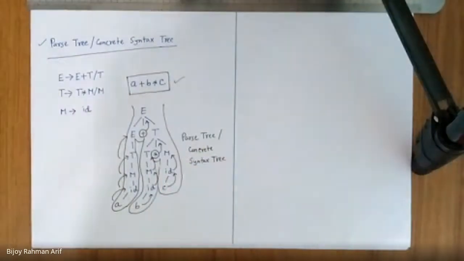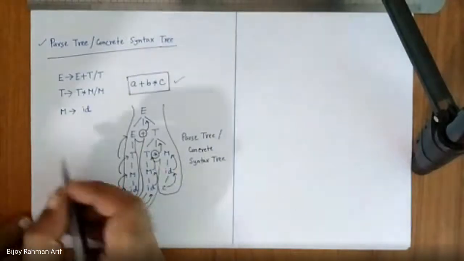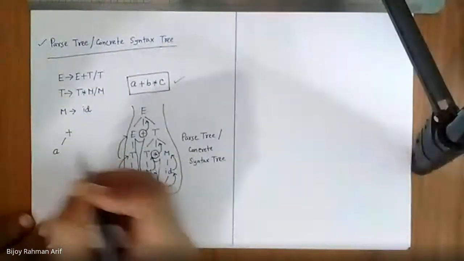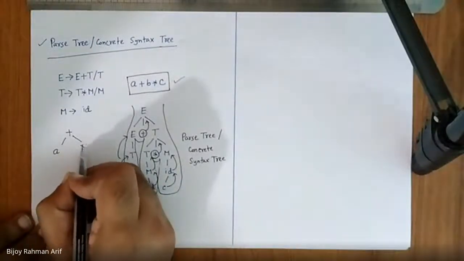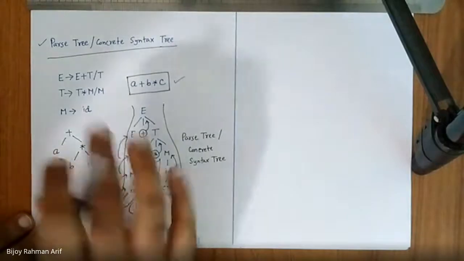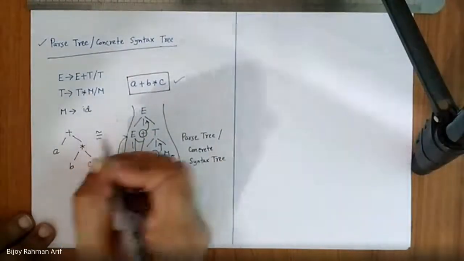Finally, you get a very compact way of this parse tree. It would be like this: plus A star B C. So these two are actually equivalent.